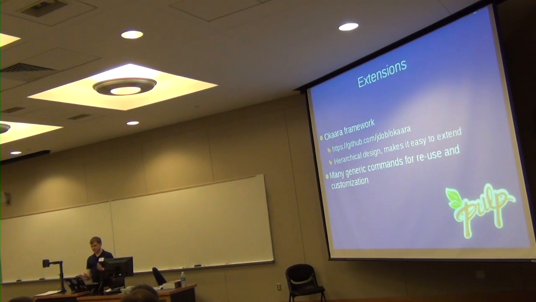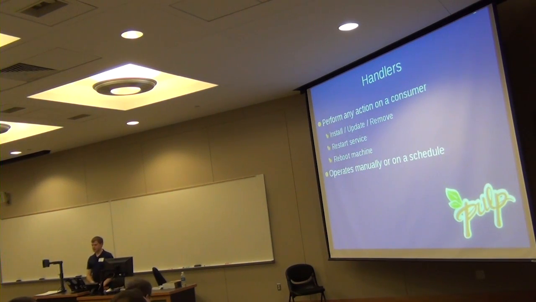Extensions. This is basically the command line stuff being extensible, like I mentioned before. Handlers. This is the stuff that runs on the actual consumer machines. If you want a new activity, like restarting a service, you can write a new handler. Again, it's a well-defined API and a small amount of code. You write it in Python and it just plugs right in.